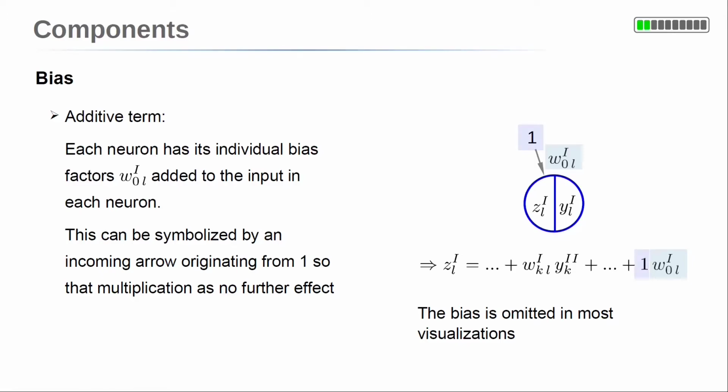This can be symbolized by an incoming arrow from a constant input value 1. So the multiplication with it has no further effect. So in addition to the other terms in the summation variable dl, we have 1 times w0l, which is equal to w0l. Note that the bias term is omitted in most visualizations in the course.